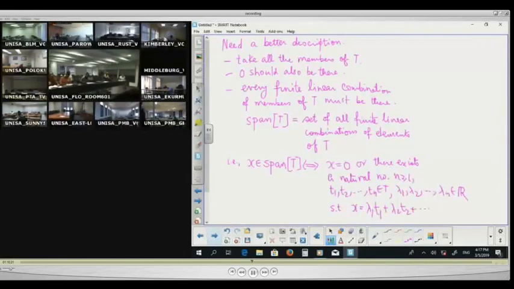Okay? So this is called this, and we will now show that span of T is a vector subspace and the smallest subspace of V which contains T. Okay? So that's our next work.